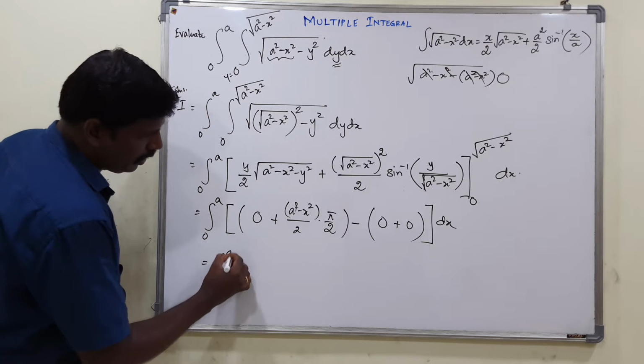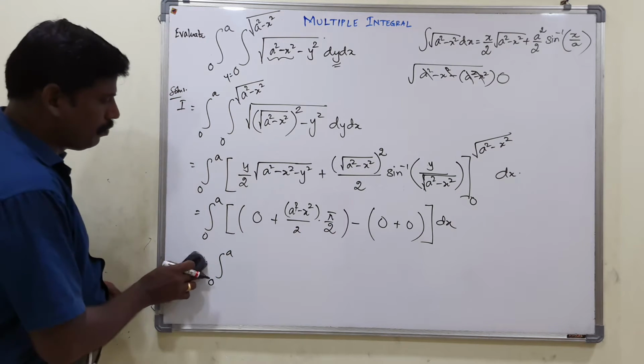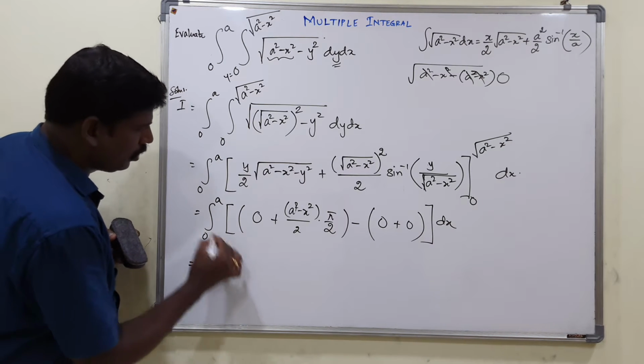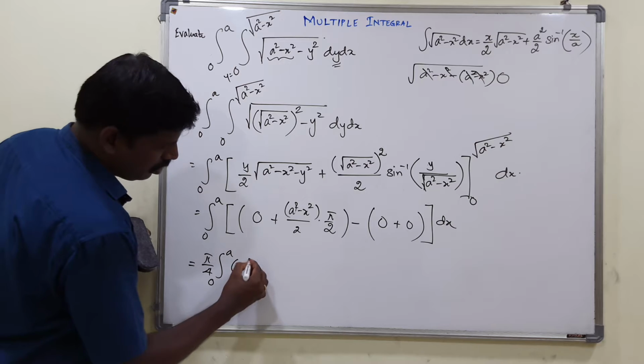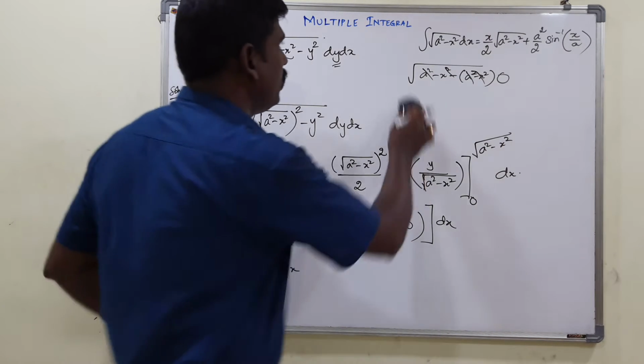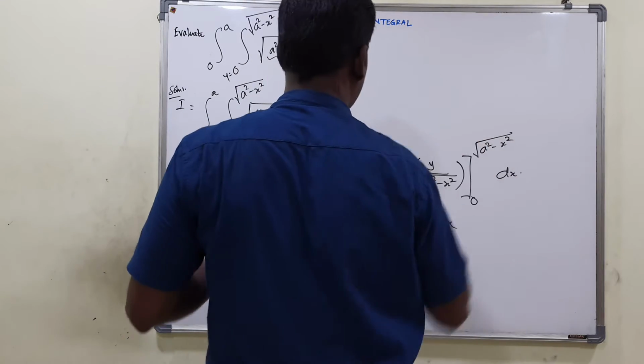So integral 0 to a. We can take pi by 4 out of the integral. Okay. So pi by 4 into integral 0 to a of a square minus x square into dx. That's all. Now I am going to integrate it. What is the value?